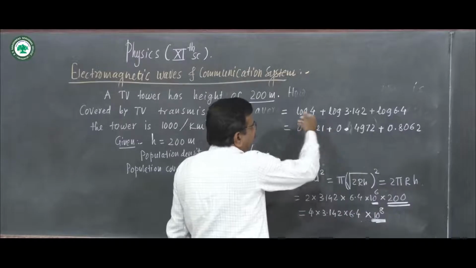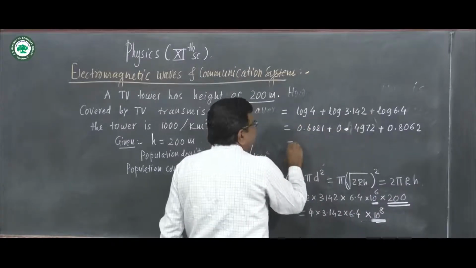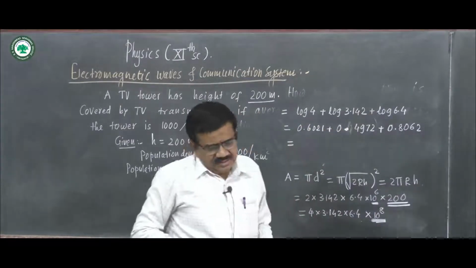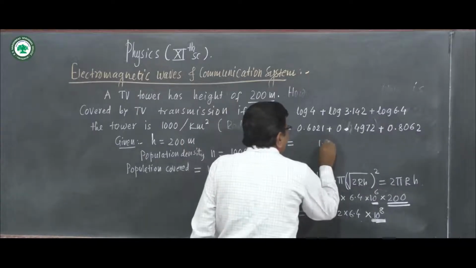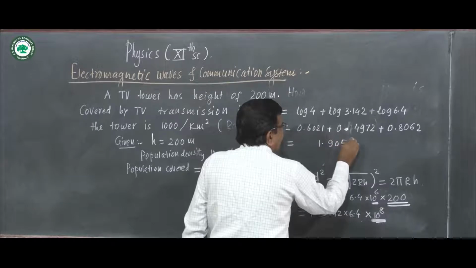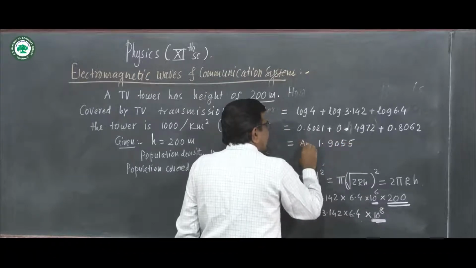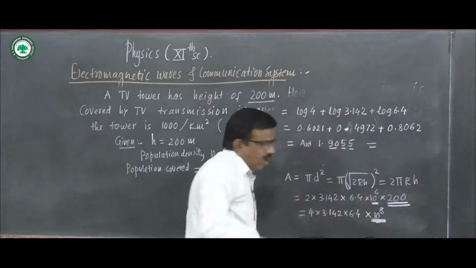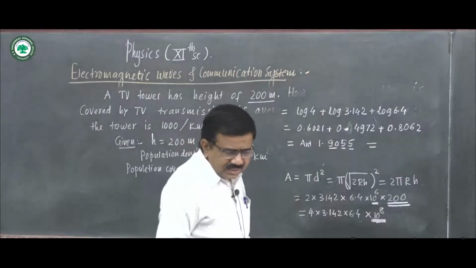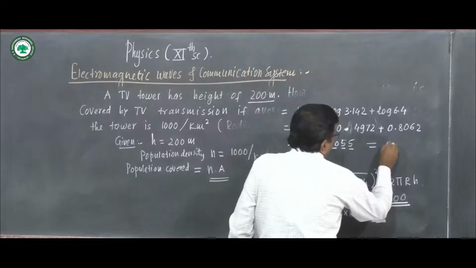Multiplication is the addition of the logs. By adding these logs we get 1.9055, and we find the antilog of this. This antilog is 8044.